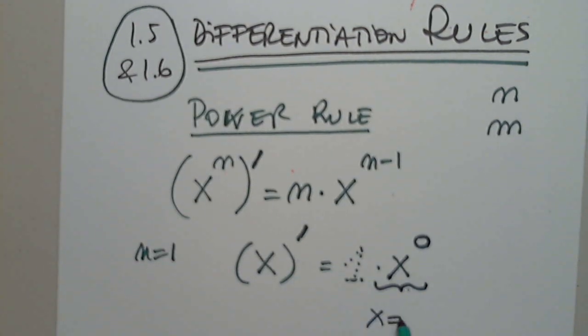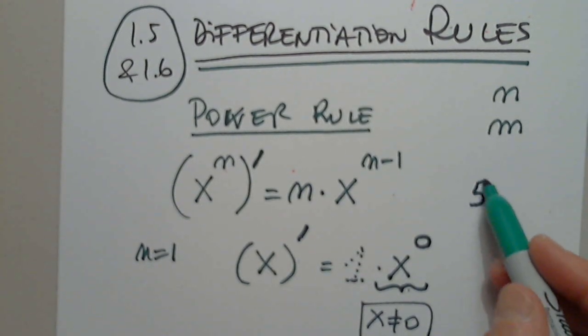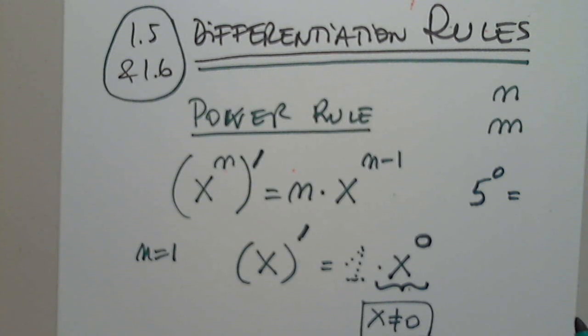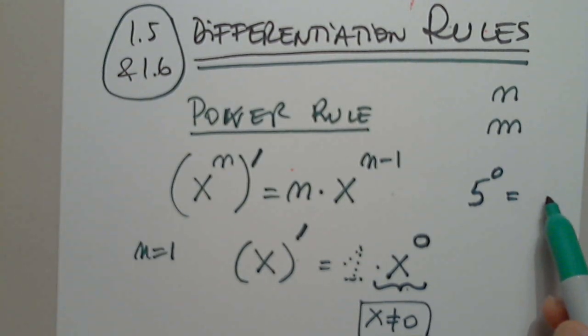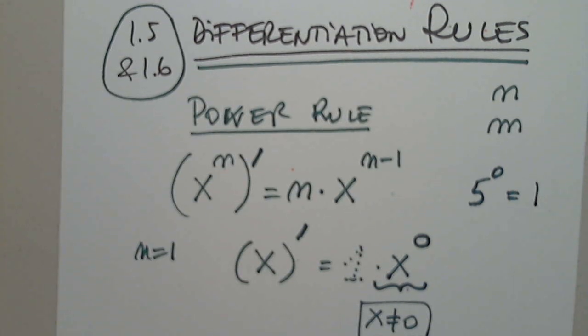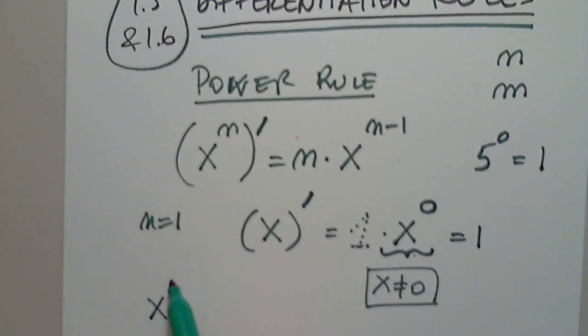Assuming x is not 0. How much is 5 raised to 0? 1. Exactly. So then this is 1. So please remember, moving forward, x prime is 1.